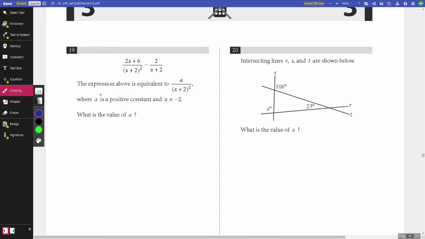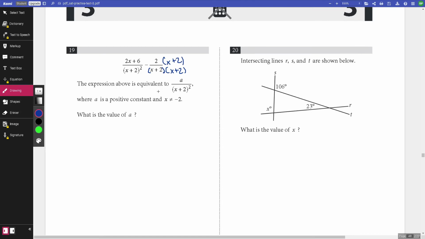19. The expression above is equivalent to a over (x plus 2) squared, where a is a positive constant and x is not 2. What is the value of a? So we should combine these together by making them have the same denominator. You can do that by multiplying this by x plus 2, not x over 2, and then the same thing you can do here.